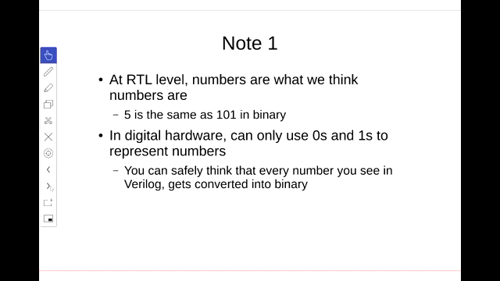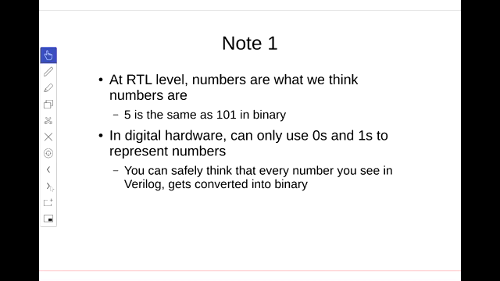So at this early stage, if you ever get confused, it's probably fine to think that every number you see, Verilog is going to convert it to binary, and I don't think you'll go wrong with that. So even though I wrote it in decimal, just think that it will be converted to binary, and that's how it's dealt with.